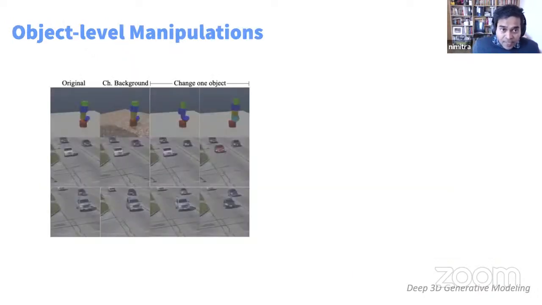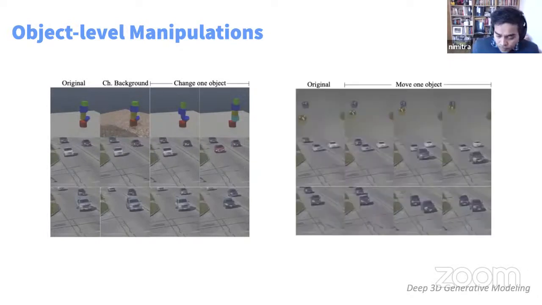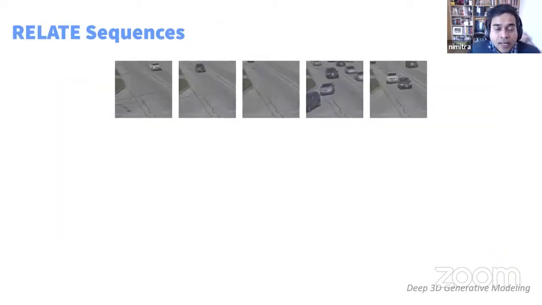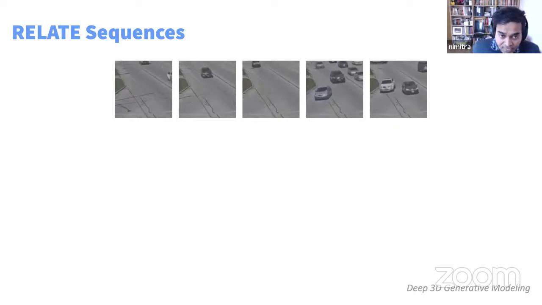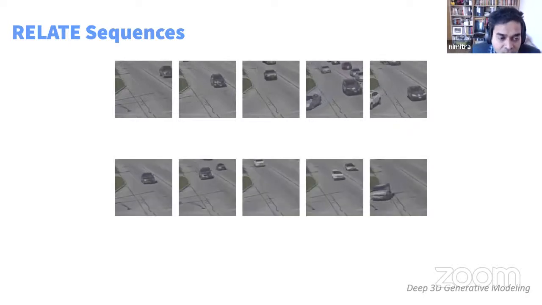It allows us to do object level manipulation, very much like BlockGAN. It allows us to change one object, add objects, move objects, etc., because now we have explicit handle of the position. And here you see the original sequence. So that's an input sequence from a videograph of a signaling light in one intersection.